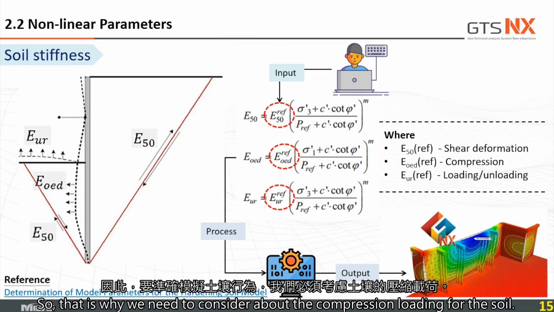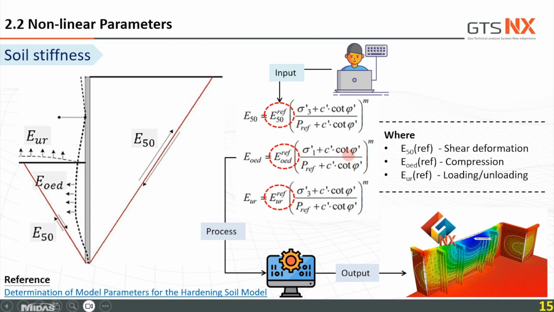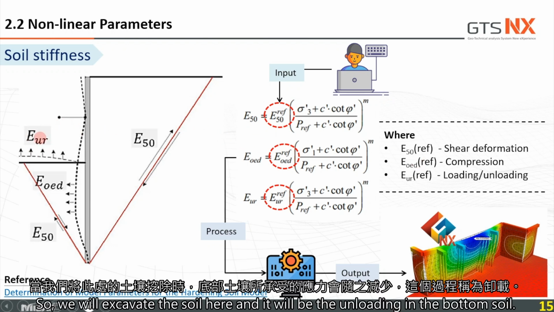That is why we need to consider the compression loading for the soil. But with the excavation case, we will excavate the soil here, and it will be the unloading in the bottom soil.